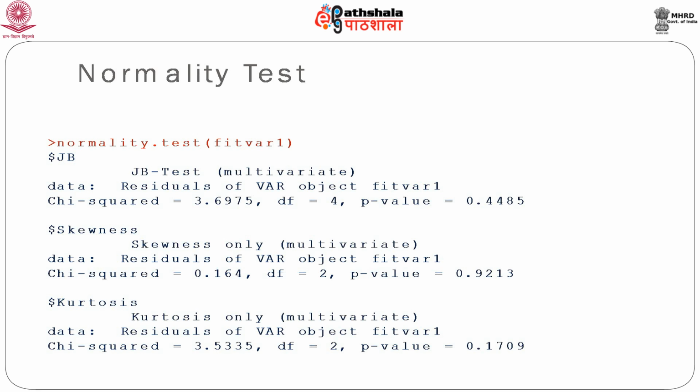Again, you have to pass the feed var1 object, the var object, into the normality test. The first one is the JB test, which is also insignificant. The skewness is insignificant, and the kurtosis is also insignificant, and that indicates that the data can.